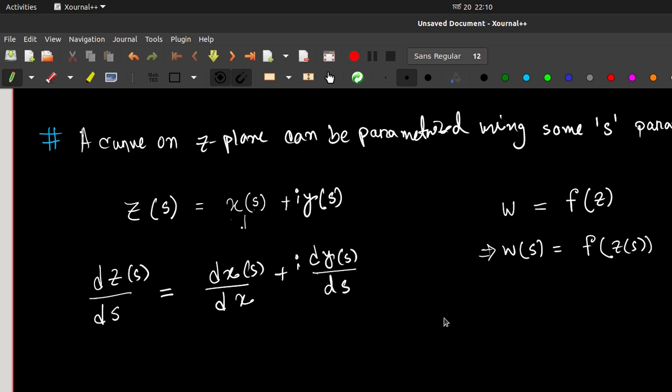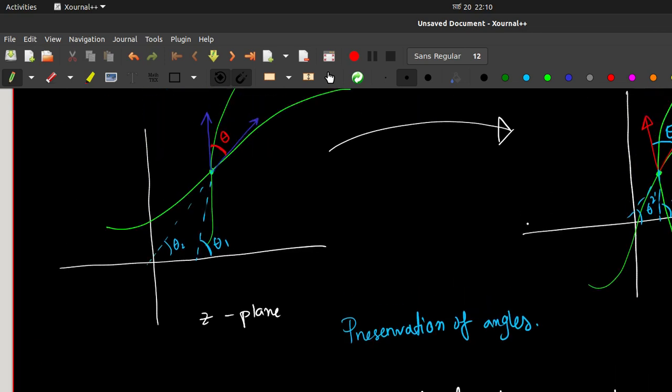And after this, we want to take the derivative at some point. But what is that point? That point would be some s0. That means we are fixing the value of the parameter at a certain point. If you look at our picture and these intersection points, this is the z plane in terms of x and y, and this is the w plane in terms of u and v.